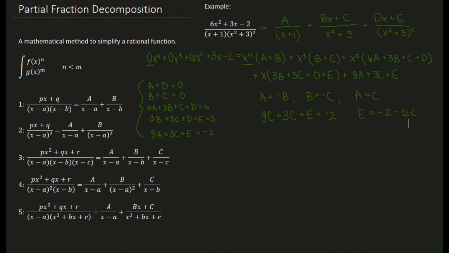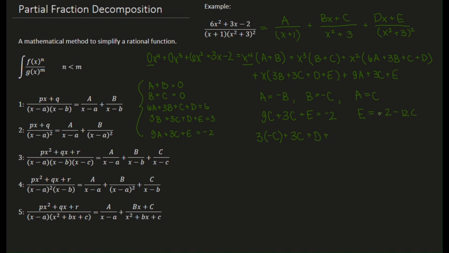Then I have 3b, and since b equals -c, I write -c, plus 3c plus d plus, instead of writing e, what I just found e is equal to.